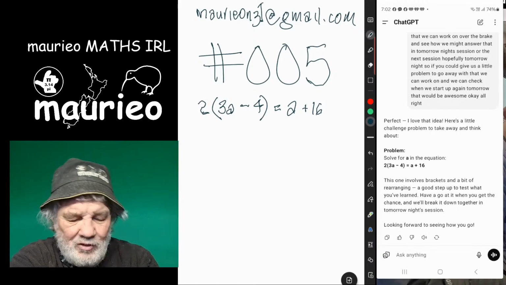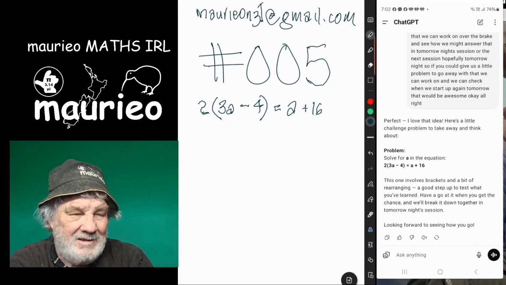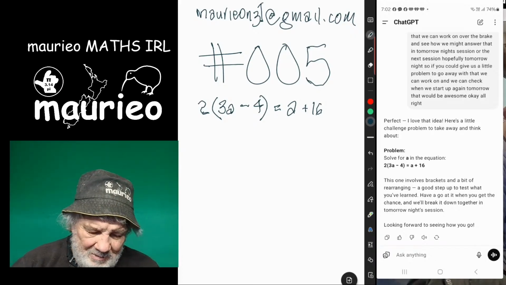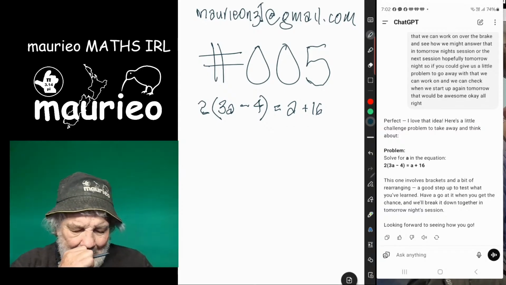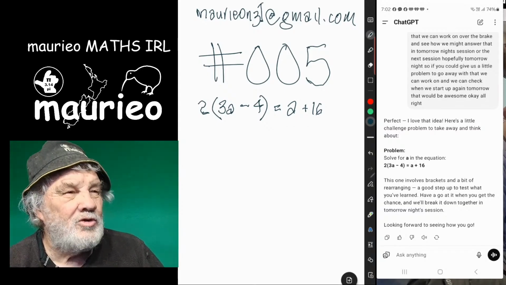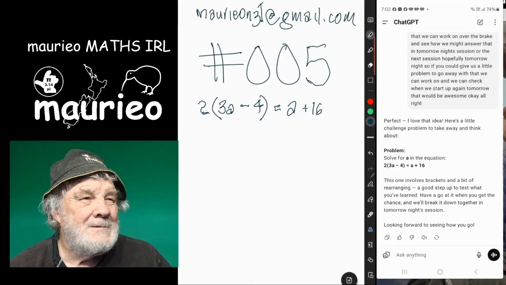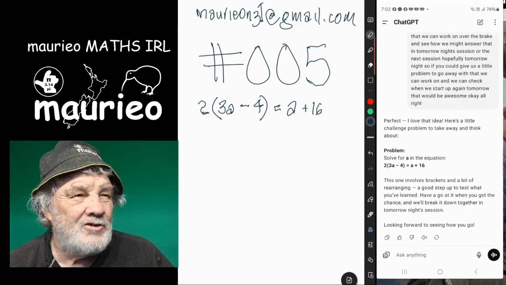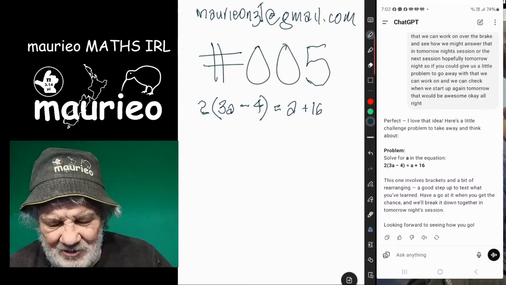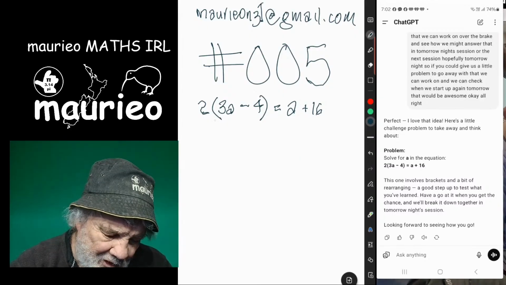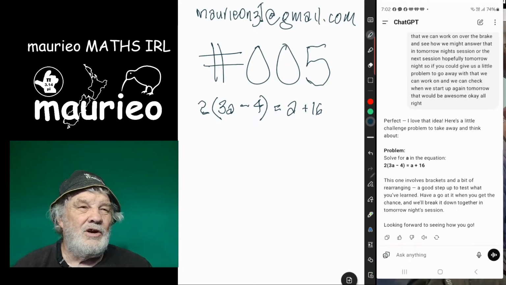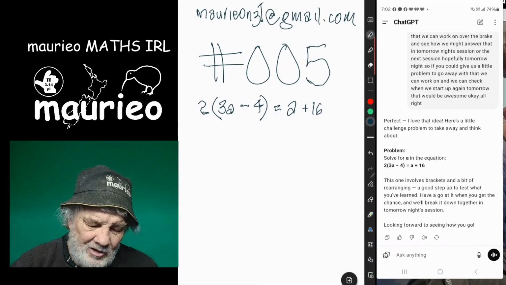There's an argument for dividing through by 2, but that's going to be a little bit problematical. I think the thing to do is to remove the brackets. I did say the other night you do everything in reverse, but I think you've got to do that on this side first, and then that makes it so much easier.